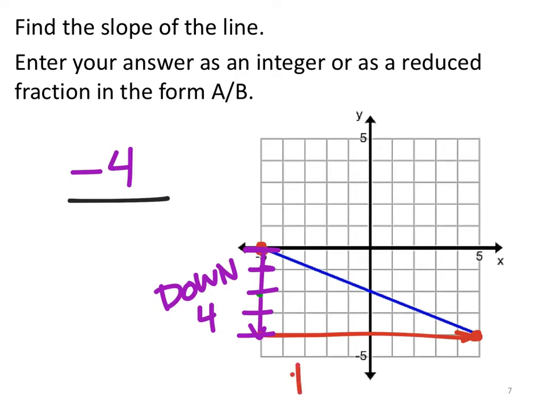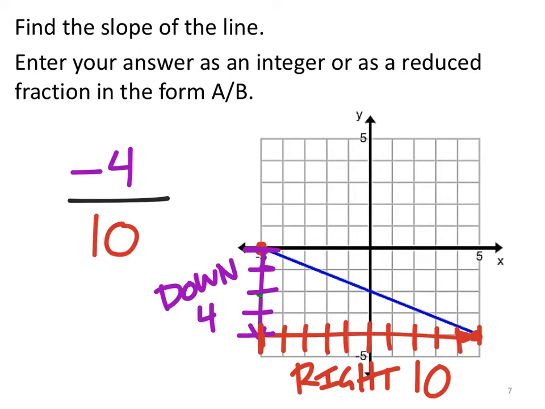And then the red line, again, I always make mine go to the right, not that you'd have to. But how far to the right does this go? Starting right here, 1, 2, 3, 4, 5, 6, 7, 8, 9, 10. Good, if I went any past that, I'd have to use more fingers. But I went to the right 10, and since it's to the right, it's a positive 10 right there.